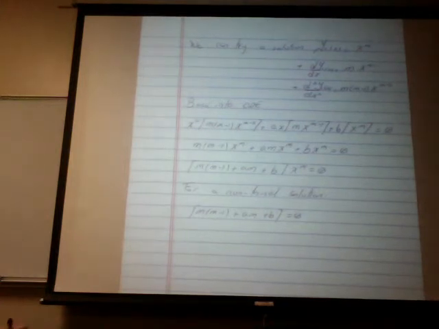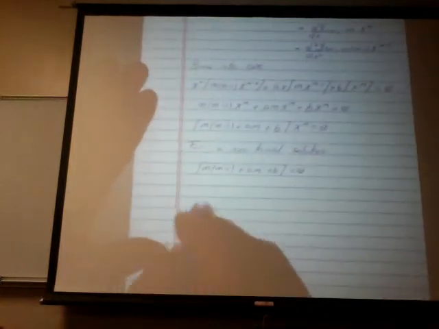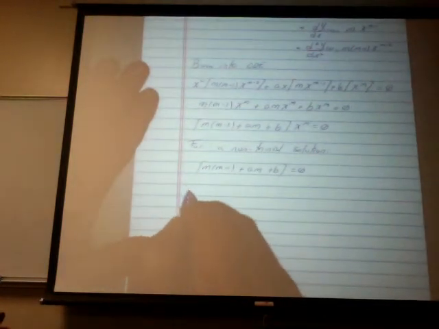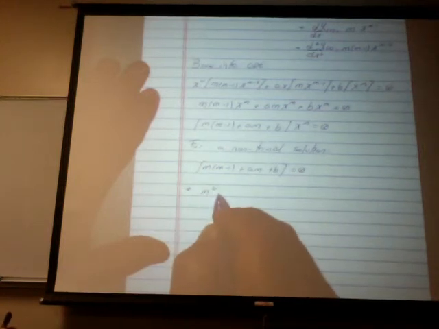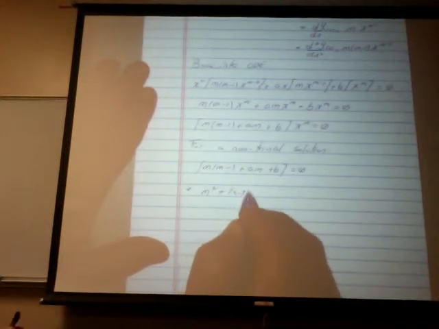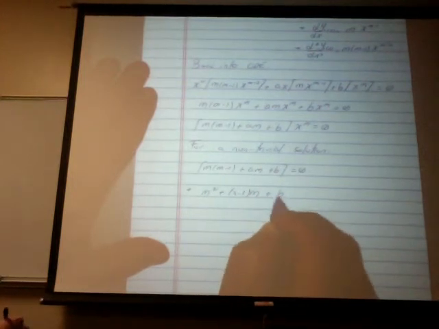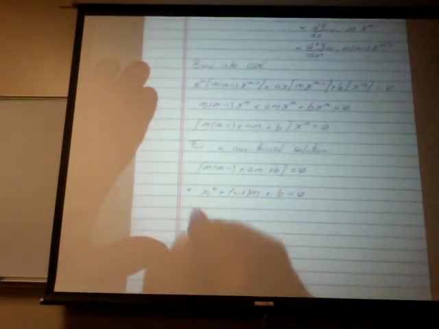And that means we can expand this. That will be m squared plus a minus 1 times m plus b is equal to 0.